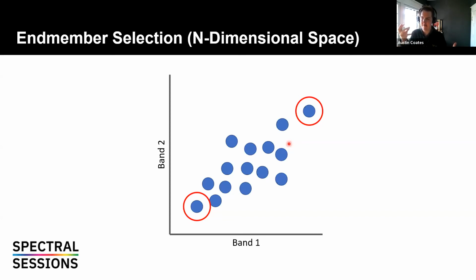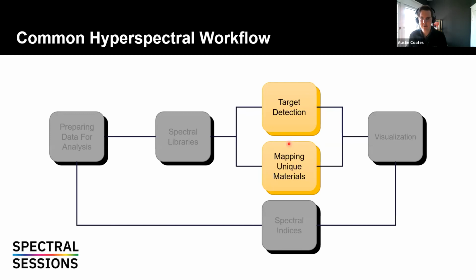And now I can have the computer go in and say, okay, where are these extreme points? And those will come back as representative Endmembers, the most extreme for your image itself. And once again, you can take those, put them in a spectral library, and then say, okay, I've got my extreme points. Now go tell me what else in the image looks similar to this. So that's where we're going to get to next. What else looks similar?